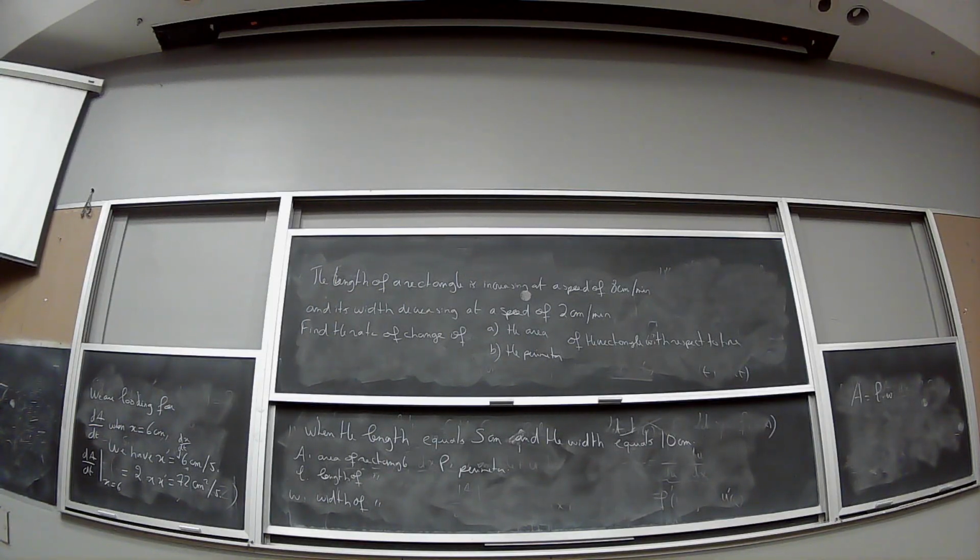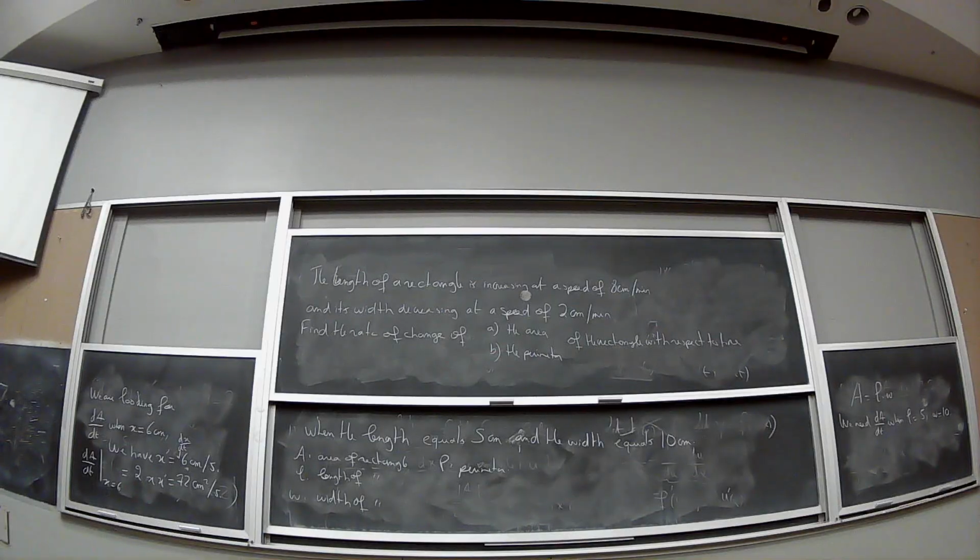Now, what do we need to find here? We need to find dA by dt when L is equal to 5 and W is equal to 10, right? We see this or not? Yeah. Great.